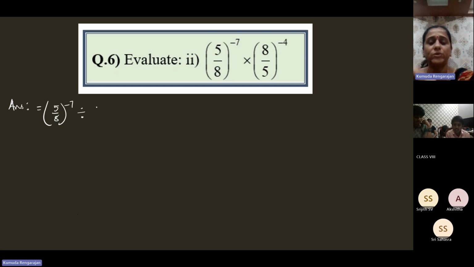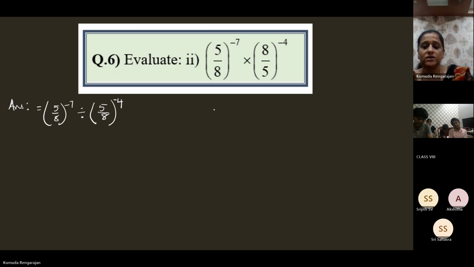But how did that help you? The bases are still different, no? 5 by 8 to the power 4, divided by 5 by 8 to the power 4, is it? Minus 4, ma'am. Oh, minus 4. So you have written the earlier step kind of.